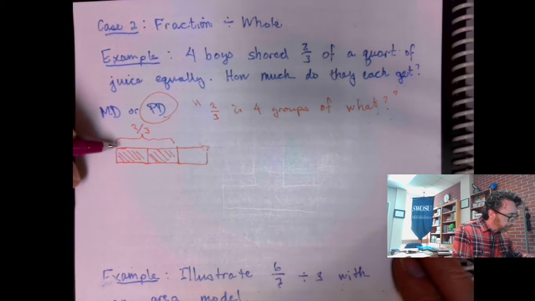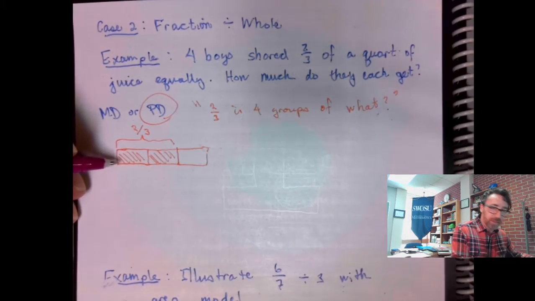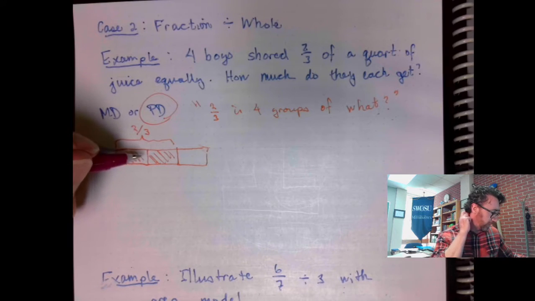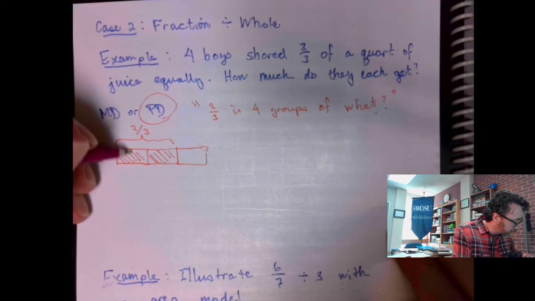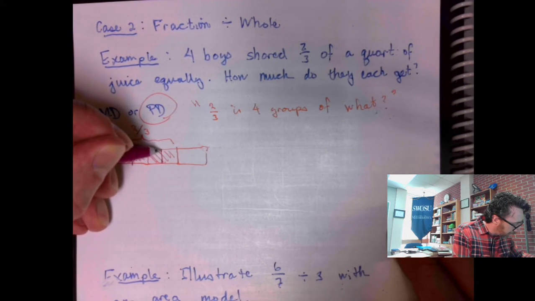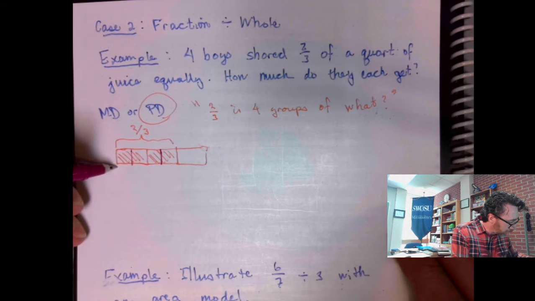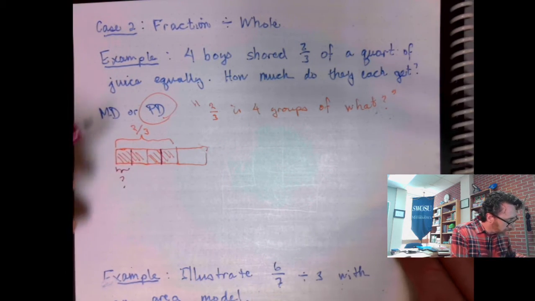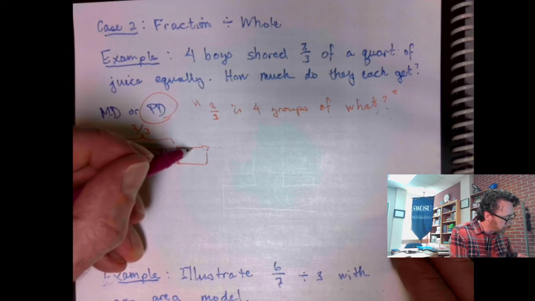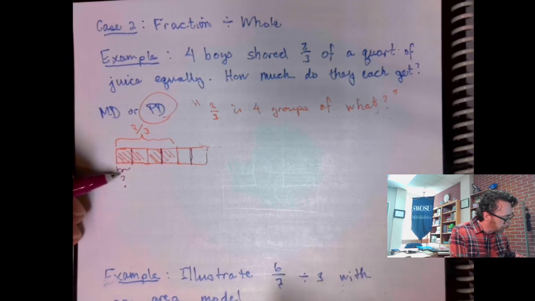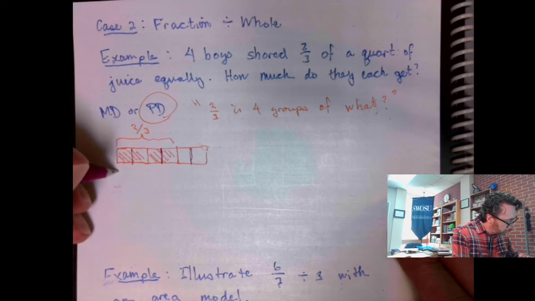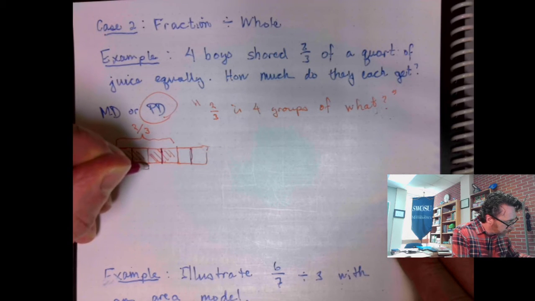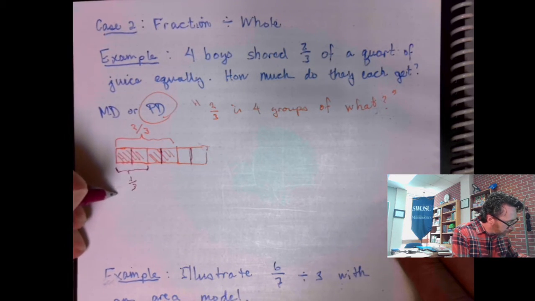All right, now I'm taking this 2/3 and I want to divide it into 4 pieces. Okay, now lucky for us, the 2/3 is naturally already divided into 2 pieces. So what I can do is I'll just take each of those and cut them in half. Okay, so the question is, what is this? Well, if I look at the size of my pieces here, let me do this in stages. That'd be 1/3, and if I did half of that, that'd be 1/6.